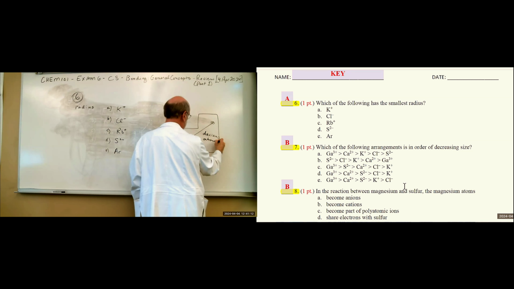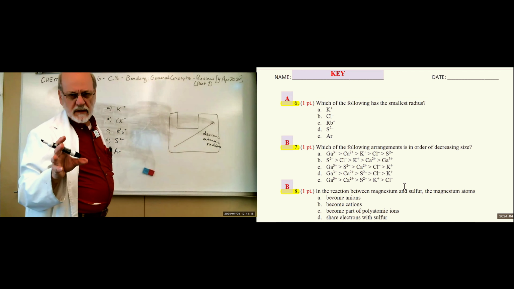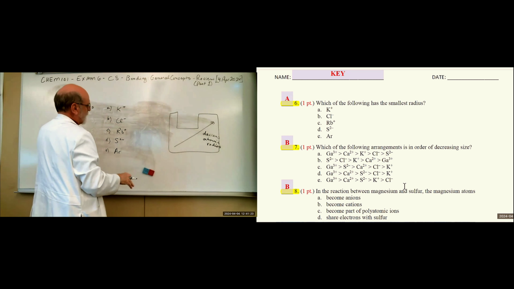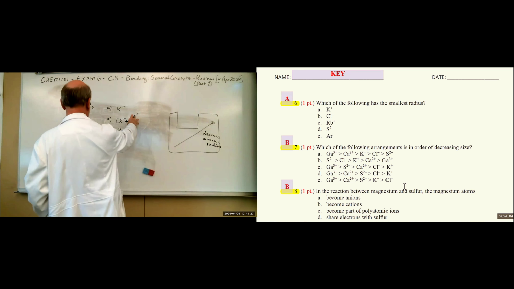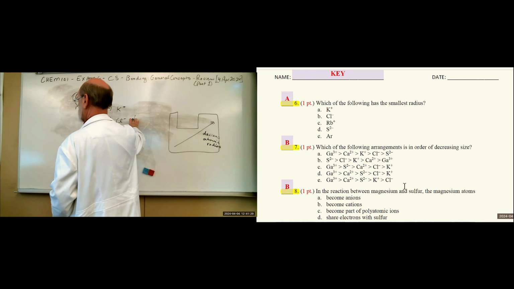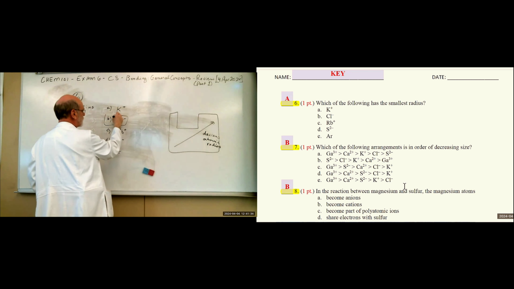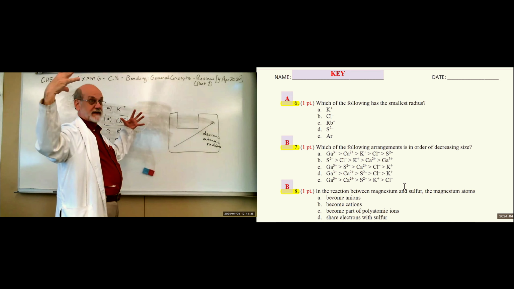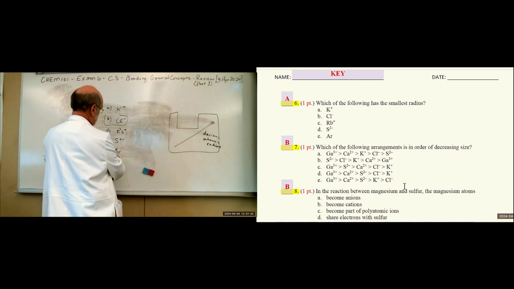If we looked at them that way, the smallest radius would be the one furthest up in the upper right-hand corner, which in this case would be chlorine. Except chlorine's got an extra electron, and that extra electron would go in and make it look like argon.